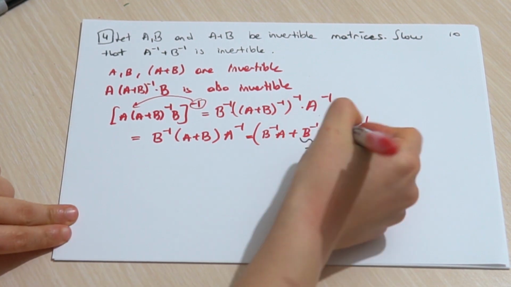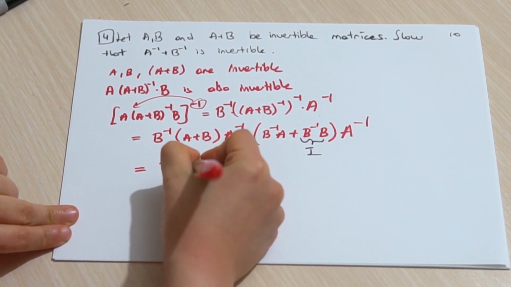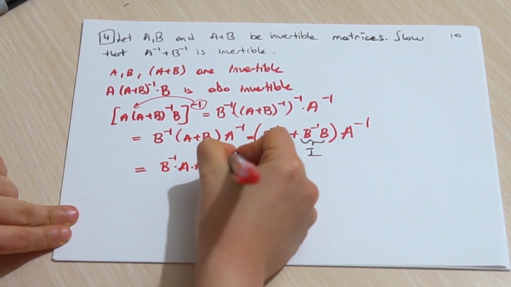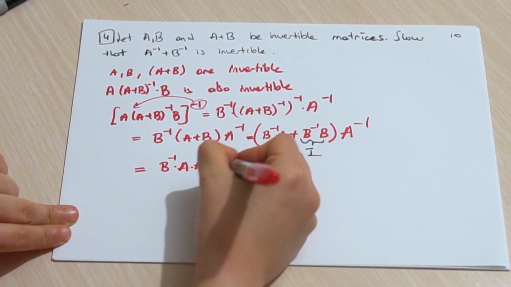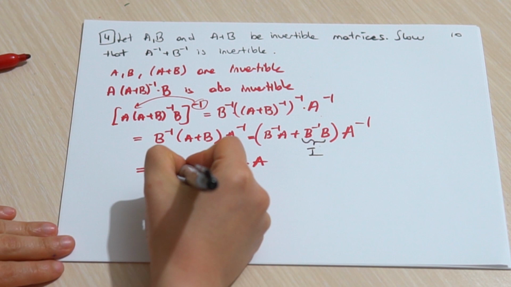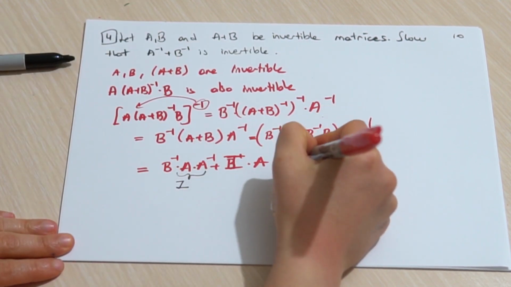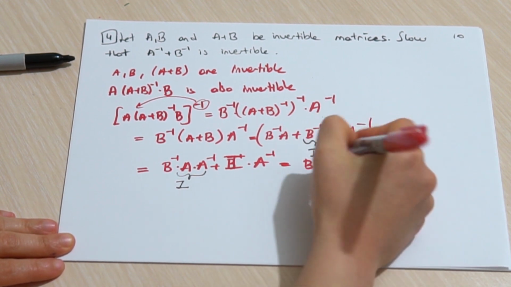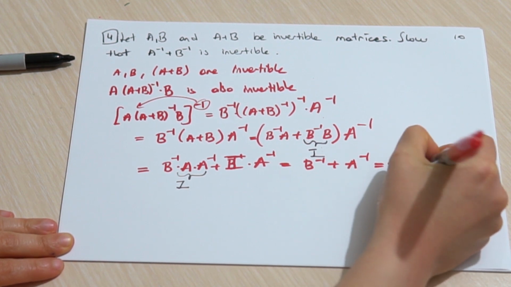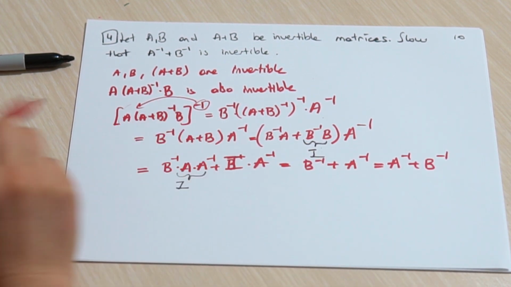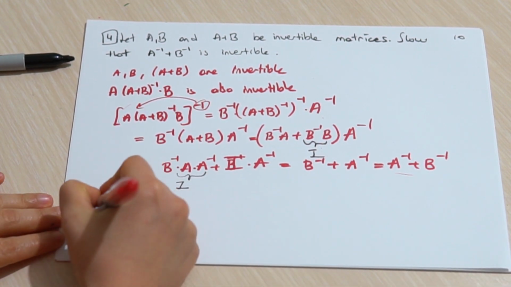So when I take this A inverse inside, I will have B inverse times A inverse plus the identity times A inverse. So A times A inverse is the identity, so I have B inverse A inverse plus A inverse, and this is equal to A inverse plus B inverse. So the inverse of this invertible matrix is A inverse plus B inverse.